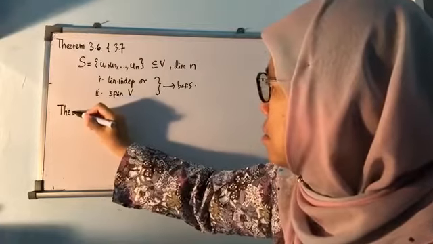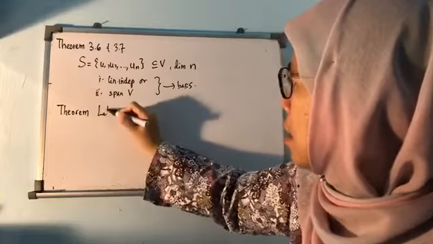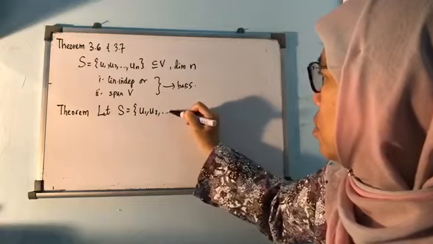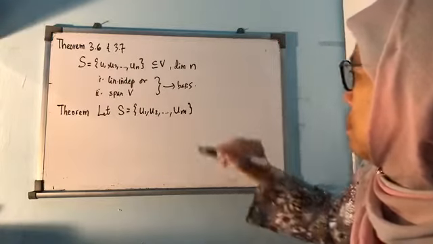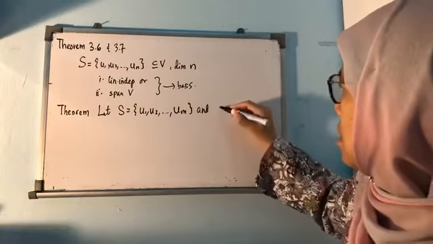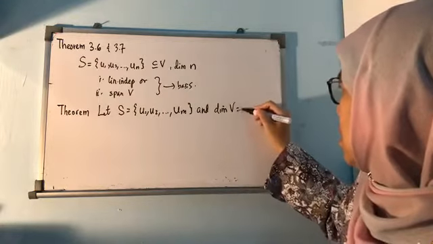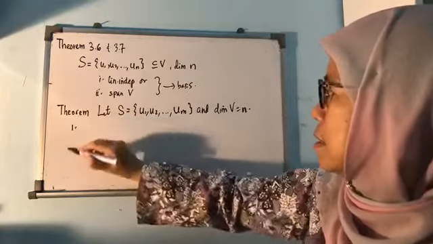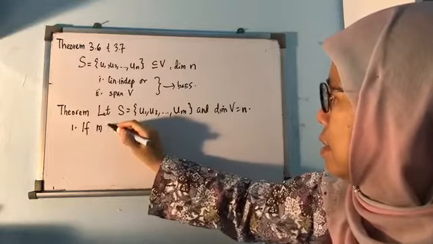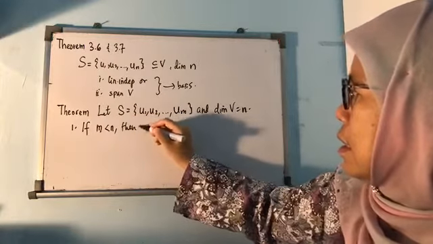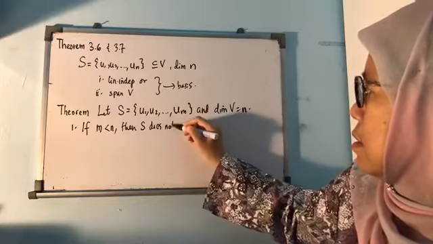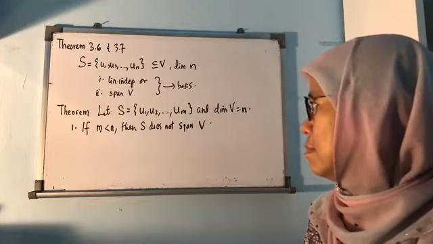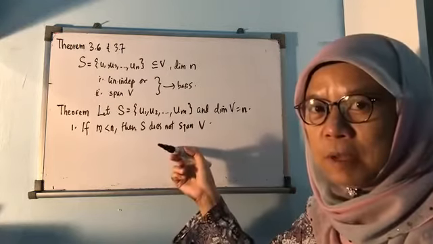Let S equal u1, u2, up to um, and the dimension of V is n. First case, if m is less than n, then S does not span V. You remember this when we first looked at spanning, right?